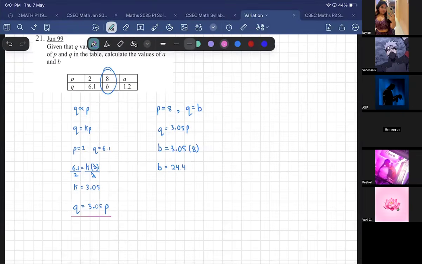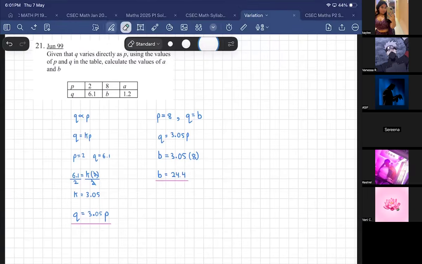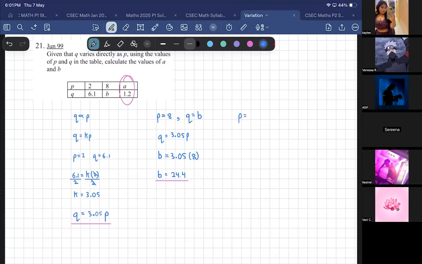If we ever encounter something that's genuinely hard, I will tell you guys. But it's not hard. The last one over here. Where's P and where's Q? P is A and Q is 1.2. Again, what's the relationship we're going to use linking P to Q?